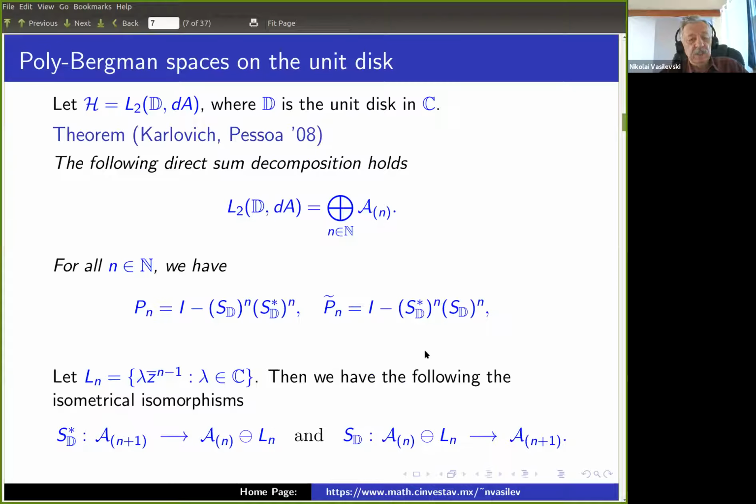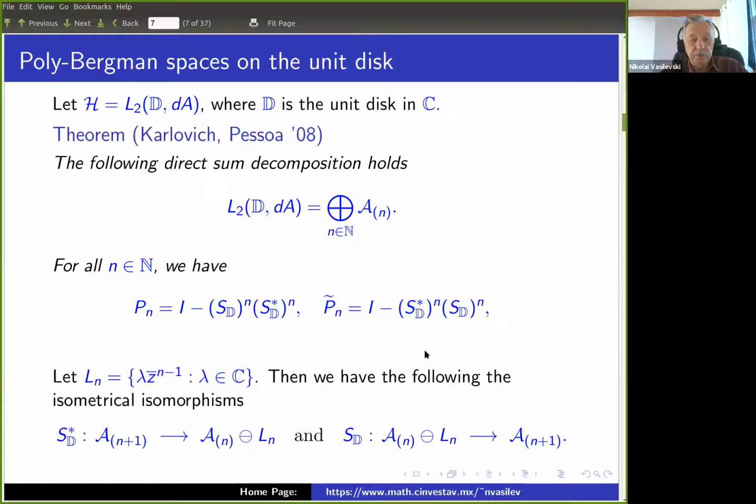In the unit disk, standard L2 over the unit disk can be decomposed as a direct sum of true polyanalytic functions. Again, we have Juraev-like formulas which describe orthogonal projections onto these n-analytic and anti-n-analytic functions in terms of the two-dimensional singular integral operator.